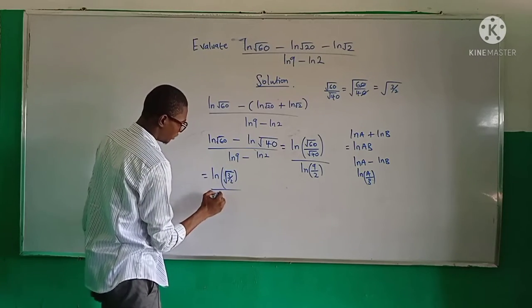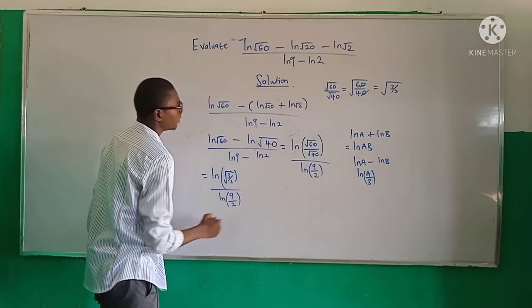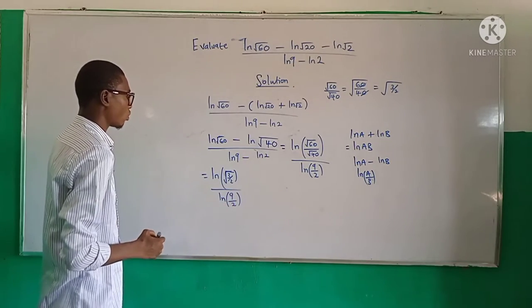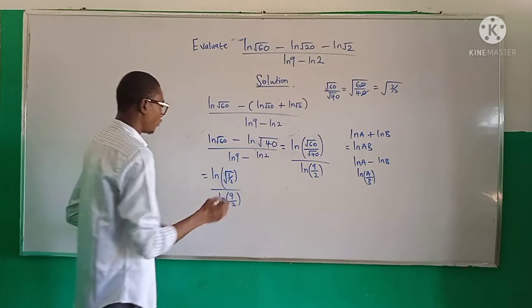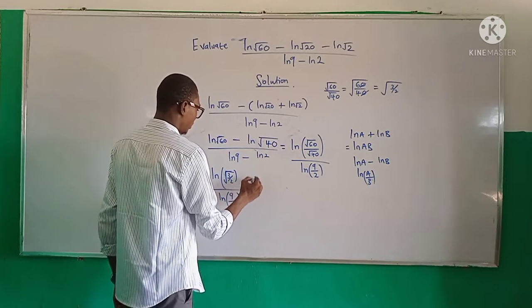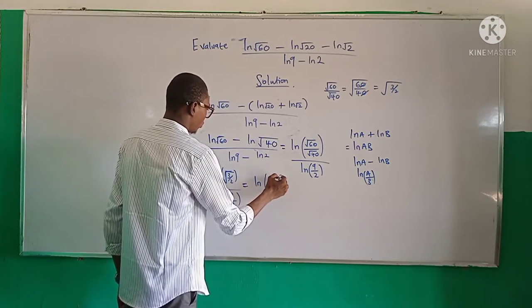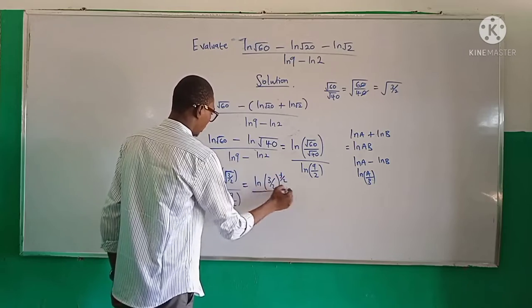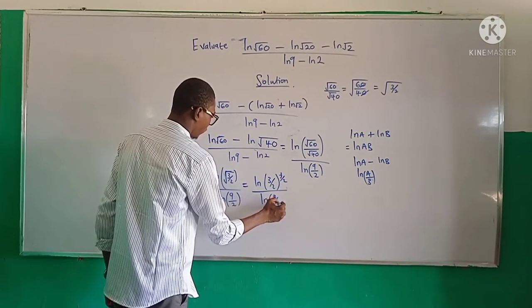So what's the next thing to do here? Don't forget you can write this as ln of 3 over 2 raised to power 1 over 2. Then here you have ln 9 divided by 4.